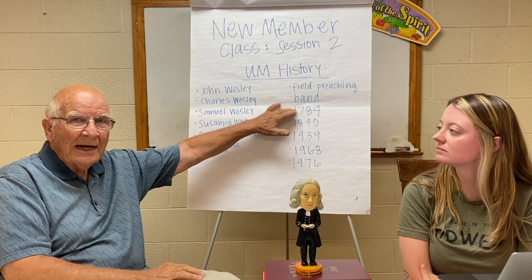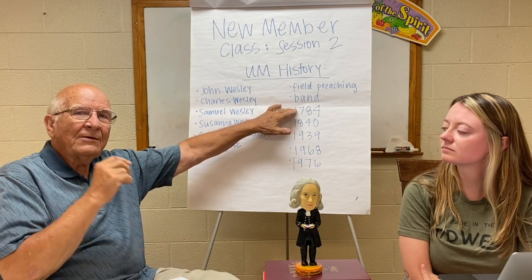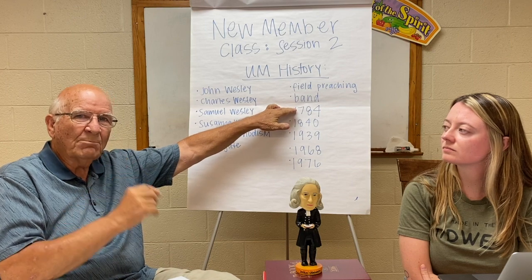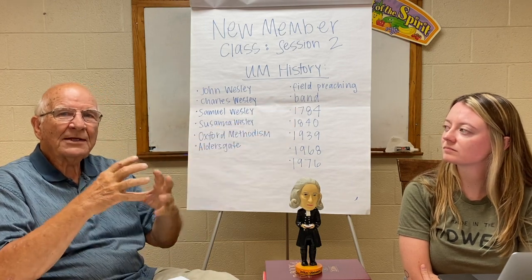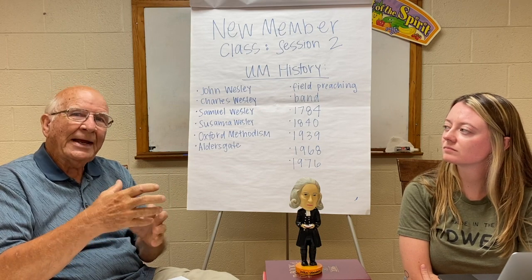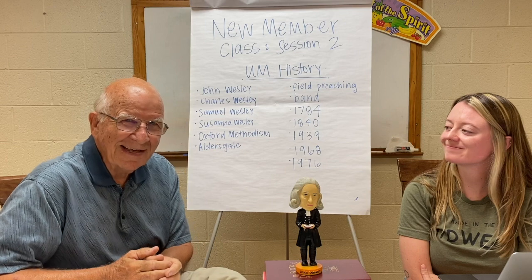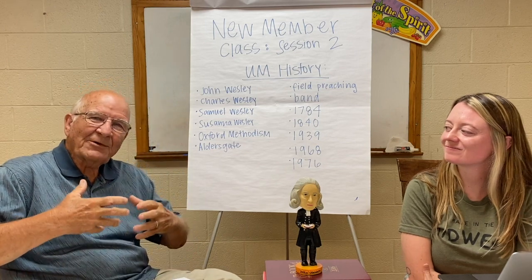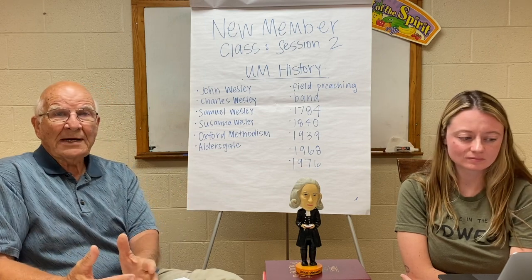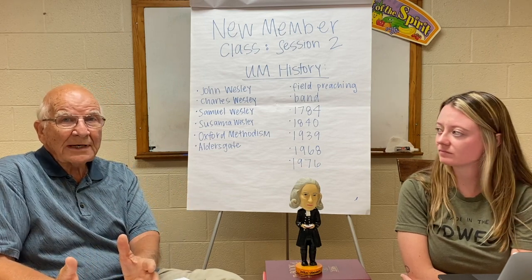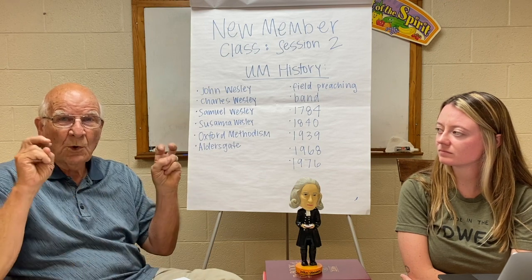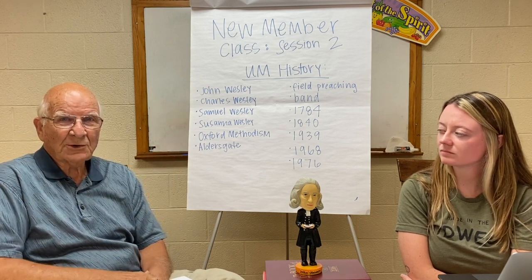In 1784, the first church born in America was given birth in Baltimore as the Methodist Church in America was formed. If the Revolution hadn't taken place, the Methodist societies would have continued to be a part of the Church of England, and John Wesley died as a priest in the Church of England, not as a, quote, Methodist pastor.